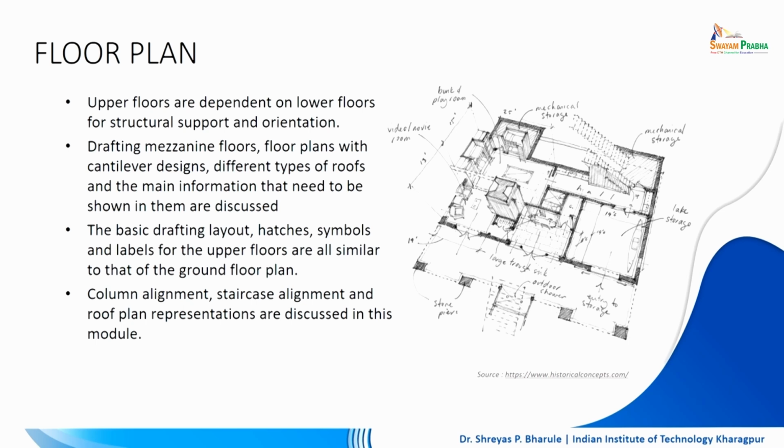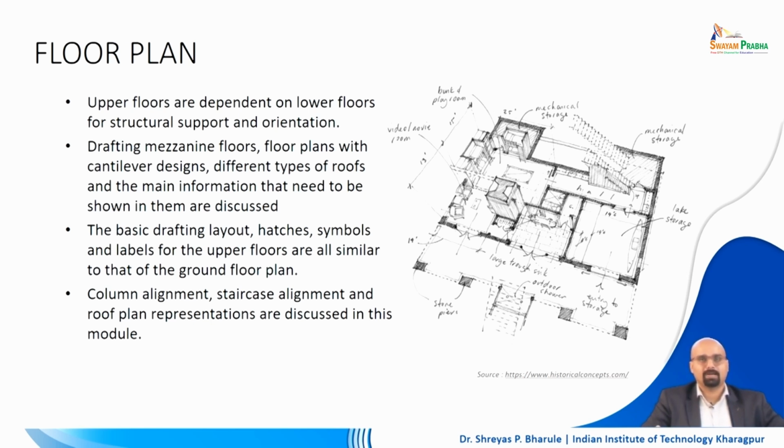So moving forward, we are going to discuss the floor plans, typically the upper floor plans in this particular module, right? So what are upper floor plans? Upper floor plans, as the basic idea is dependent on the lower floors, particularly for structural support and the orientation, meaning what will be the access way to the upper floor, whether people will be coming to the upper floor through a lift, or they will be using a staircase, or they will be using a ladder, or the other options which can be put in place, right?